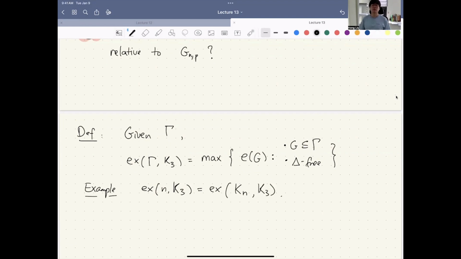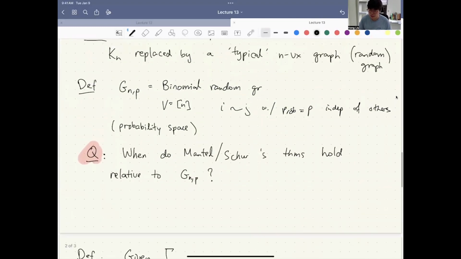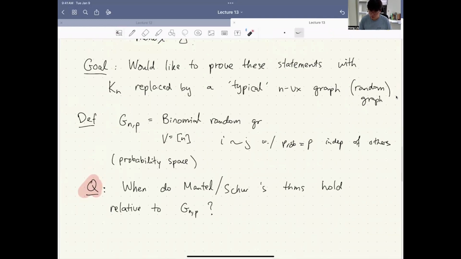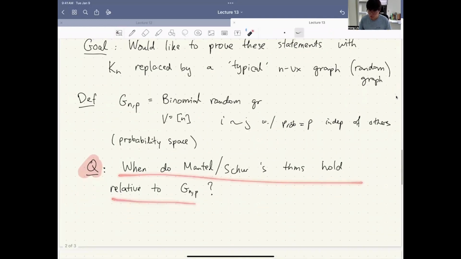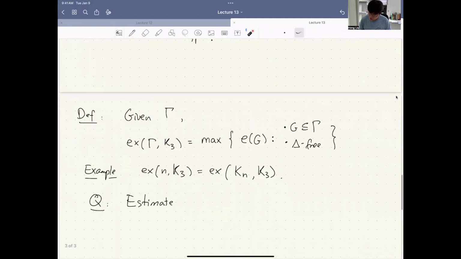All right. In this notation, now we can try to estimate the Mantel theorem analog relative to G(n,p). Mantel's theorem is about how large this quantity is. Now we're going to replace this by G(n,p).